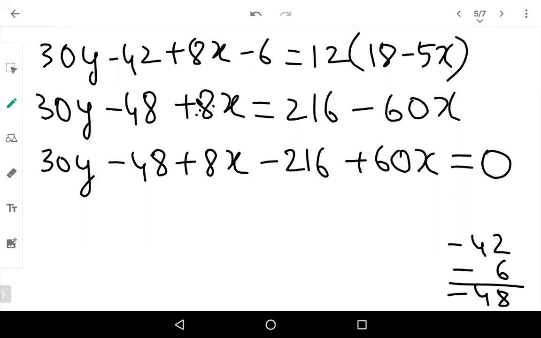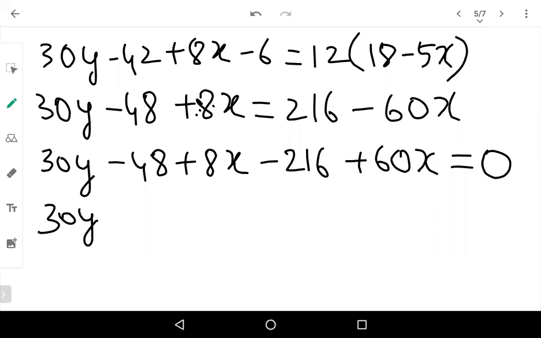Correct, Ainas. That's the answer. Okay. Now next step, there is no y, so 30y will remain as it is. So minus 48 minus 216 will give me 200.